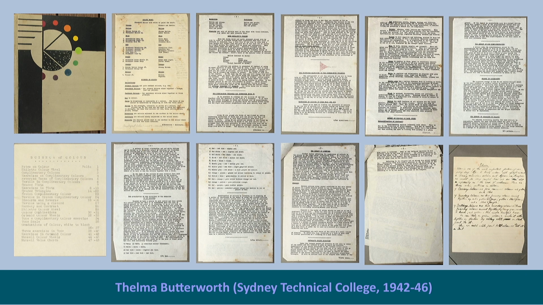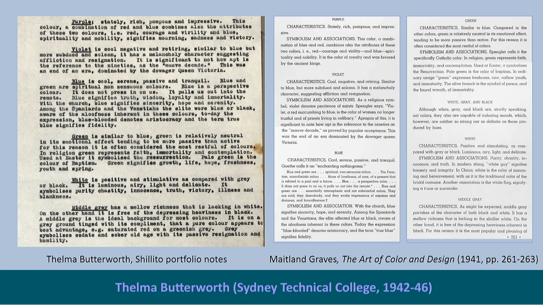There are only about 8 or 9 sheets of text in this portfolio, and it covers some of the same ground. One thing that isn't in the Burgess portfolio is some comments on colour symbolism, and again these are verbatim from Maitland Graves.